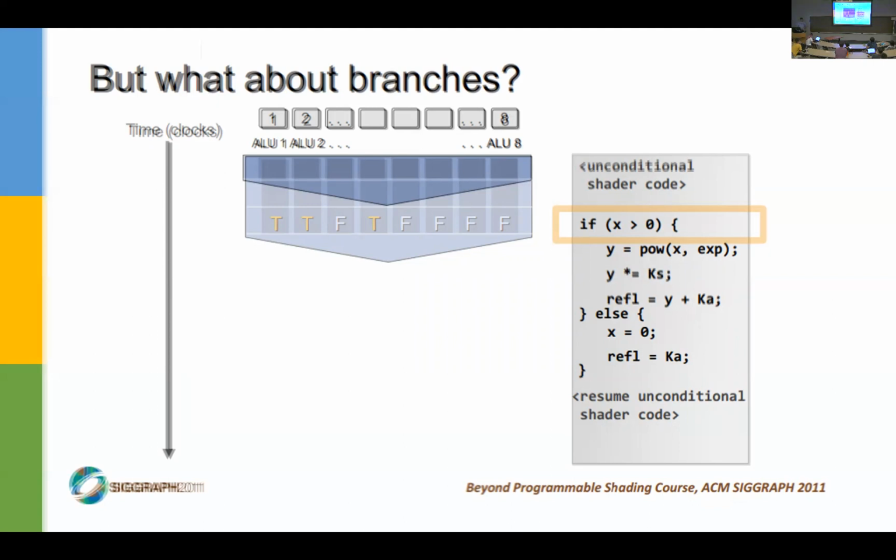That's essentially going to lead to 3 of them executing and all the rest waiting, and then 3 of them waiting and all the rest executing, which hurts our ALU utilization, because they're executing 8 units at a time. The worst case scenario is when you have if i equals 1, if i equals 2, if i equals 3, where you essentially get 1/8 the performance.